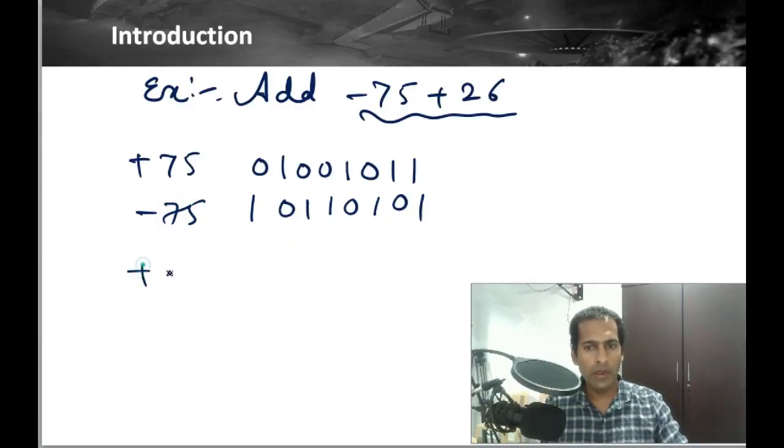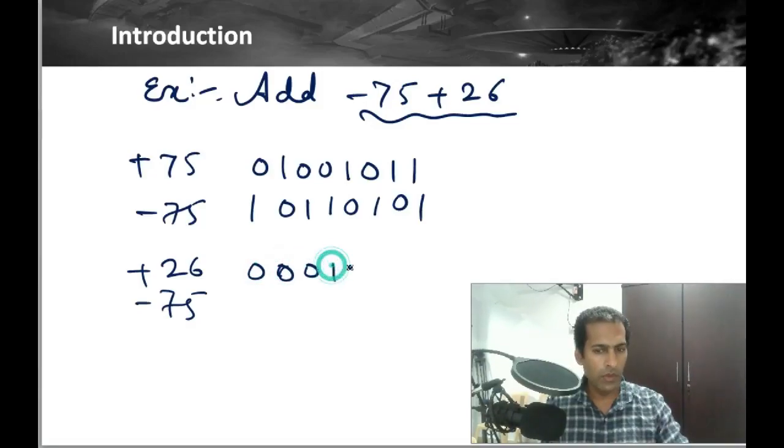Then let us have these numbers, plus 26 minus 75. So here we will get 0 0 0 1 1 0 1 0, then plus 1 0 1 1 0 1 0 1.